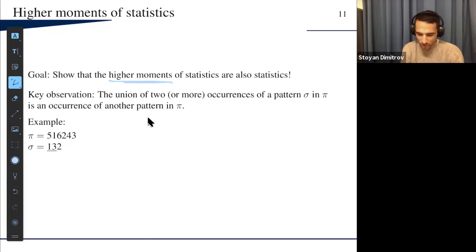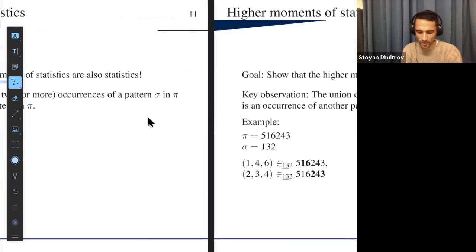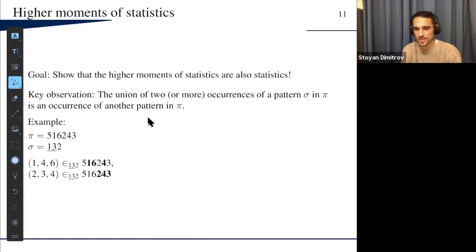And let me give a quick example. So if pi is this permutation, sigma is this pattern, and I take these two occurrences of this pattern sigma, then their union here will be just 1, 2, 3, 4, 6, right? And these elements are right here in the permutation.